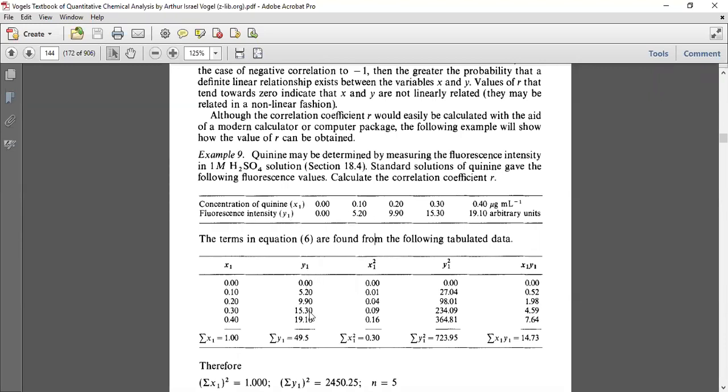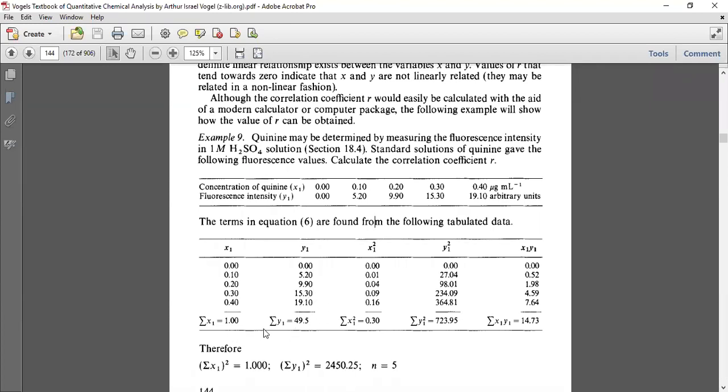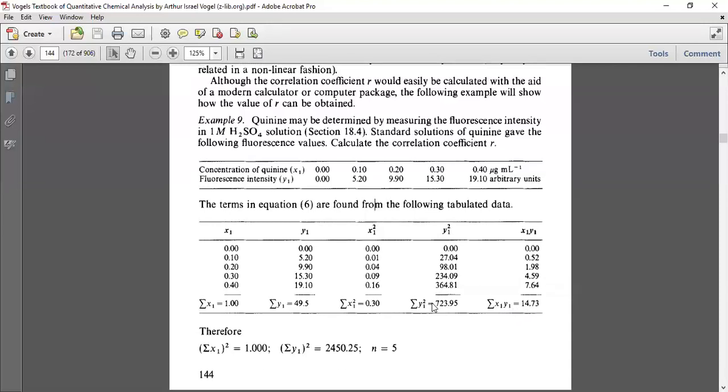Y1 is 0.00, 5.2, 9.9, 15.9, 19.10. Then summation of x1 square 0.30, summation of y1 square 723.95, and summation of x1 y1.